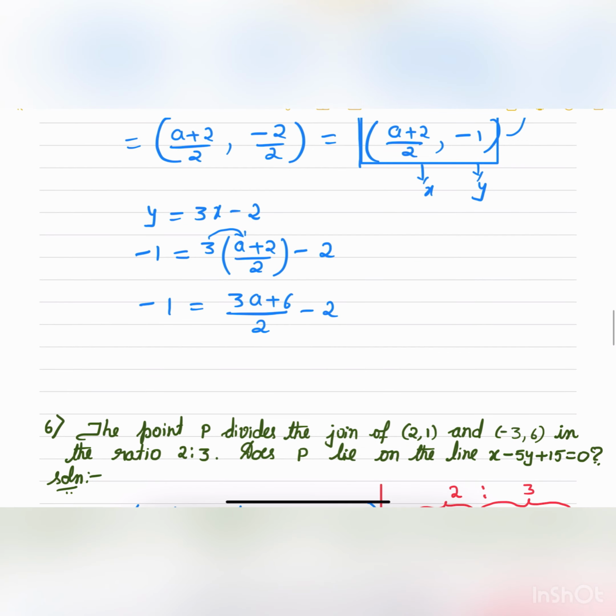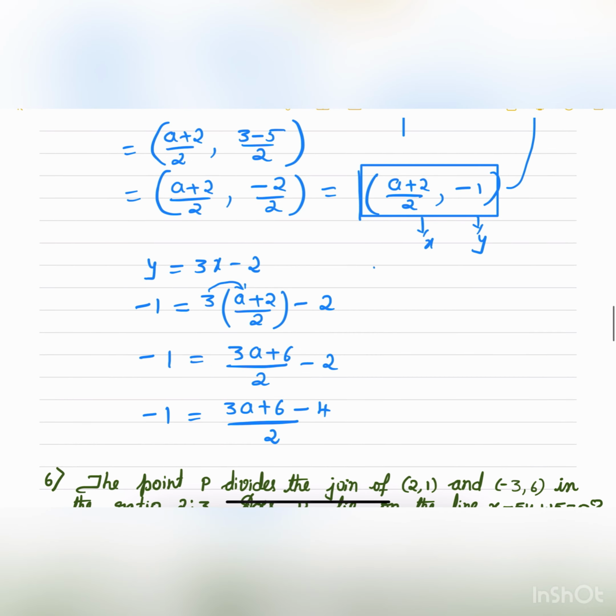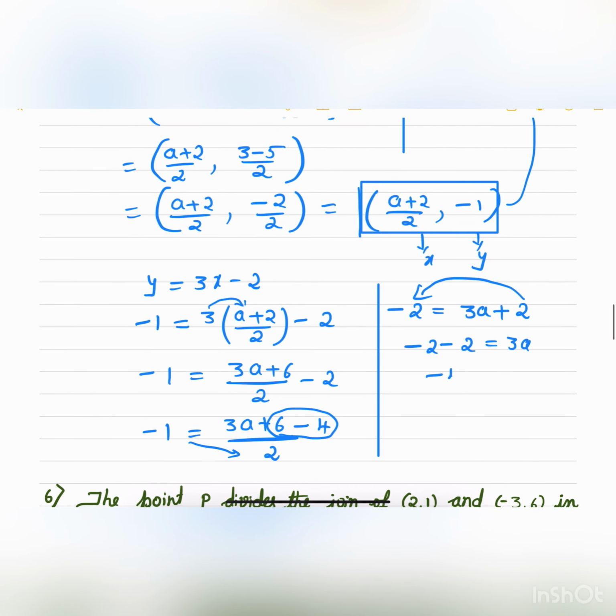We will take the LCM. Minus 1 is equal to (3a plus 6 minus 4)/2, and let us cross multiply this. We will get minus 2 is equal to 3a plus 2, since 6 minus 4 is 2. We will shift 2 to this side. Minus 2 is equal to 3a. So minus 4 by 3 is equal to a. This is the value of a.